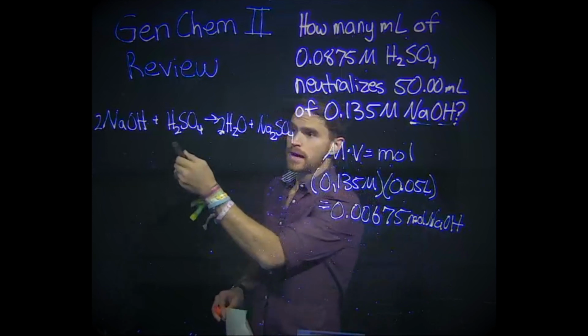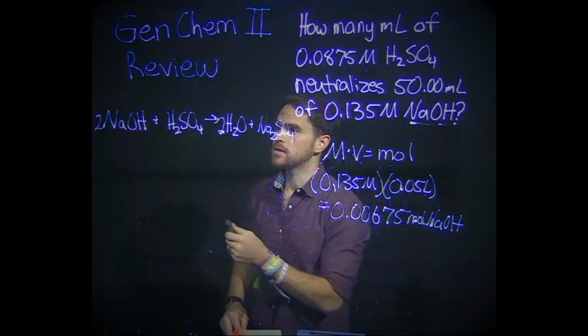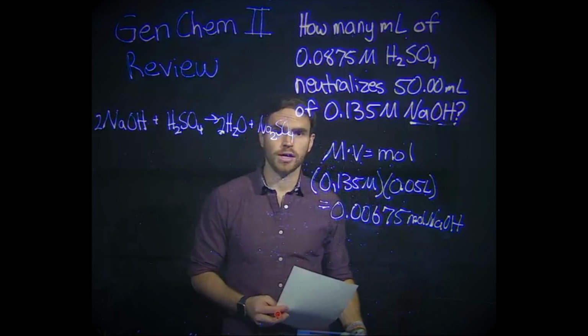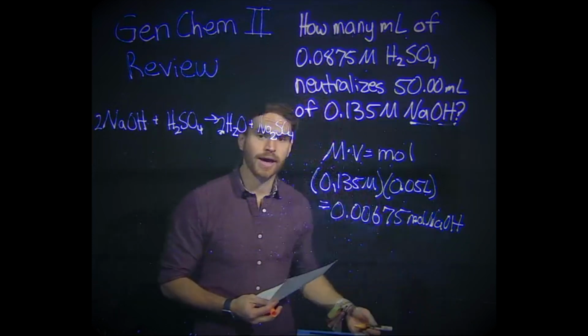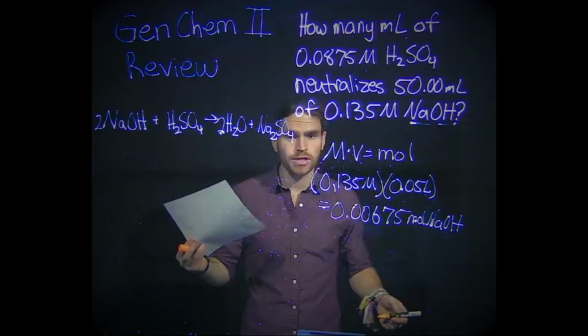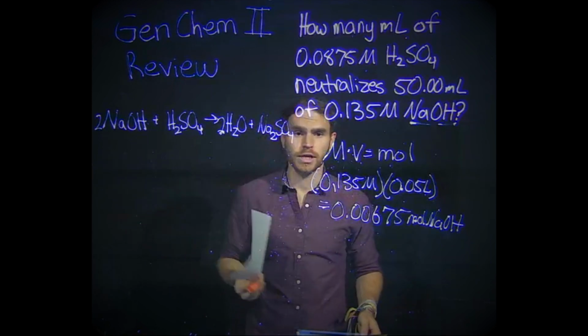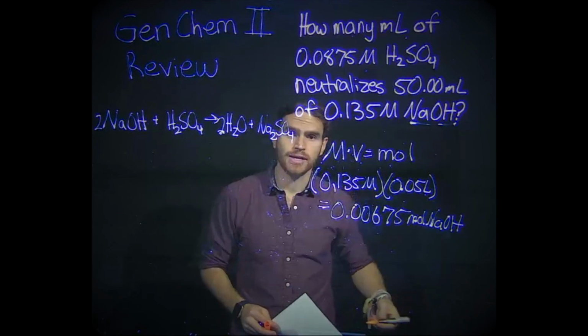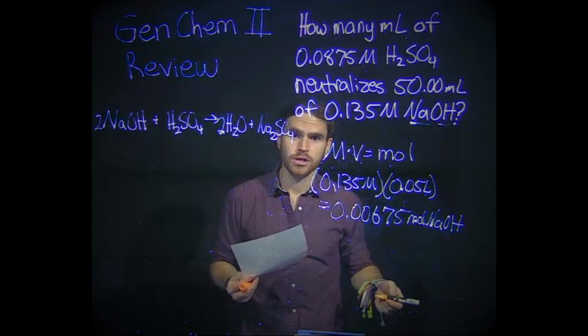Now, from our balanced equation, we can clearly see that for every 2 moles of sodium hydroxide, you only need 1 sulfuric acid in order to perform this neutralization. Therefore, that is our stoichiometric factor, a 2-to-1 relationship. So now we can determine how many moles of sulfuric acid we need using that stoichiometric relationship.